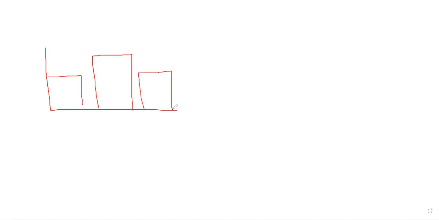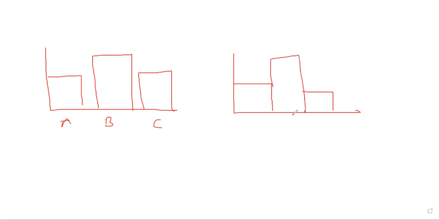A bar chart is used for discrete data, town A, town B, town C. All right. Continuous data is illustrated by what is called a histogram. So you need to know which data is continuous and which data is discontinuous.